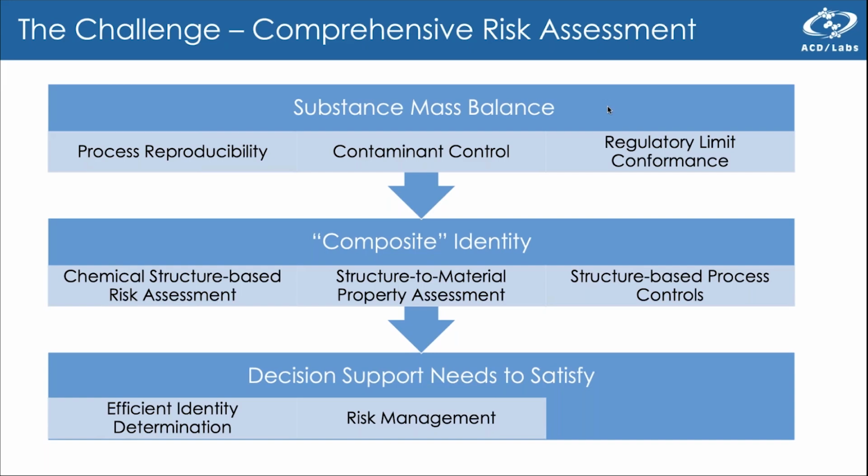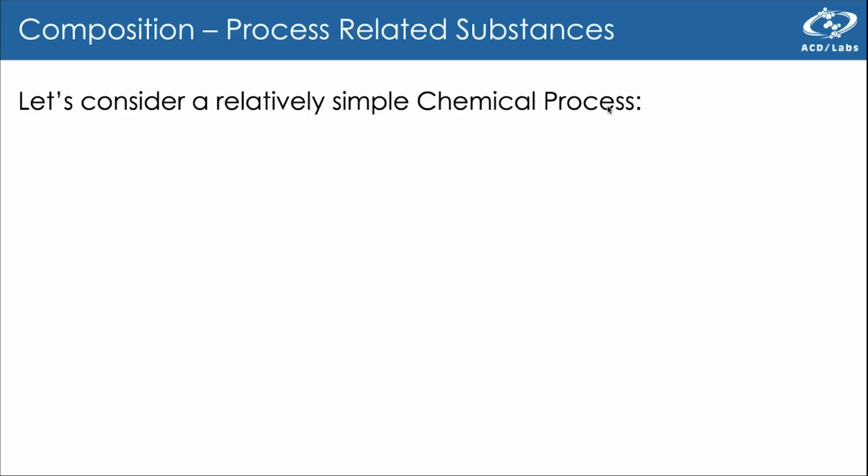If you understand composition, the source of individual components, how you're controlling them, also based on the identity, what potential risk the presence of a particular material or substance may impart, it allows folks to have effective risk management. And then finally, in building these things and having an effective decision support interface, you can perform chemical-based industrial forensics. And we'll talk a little bit about those types of forensics activities a little later.